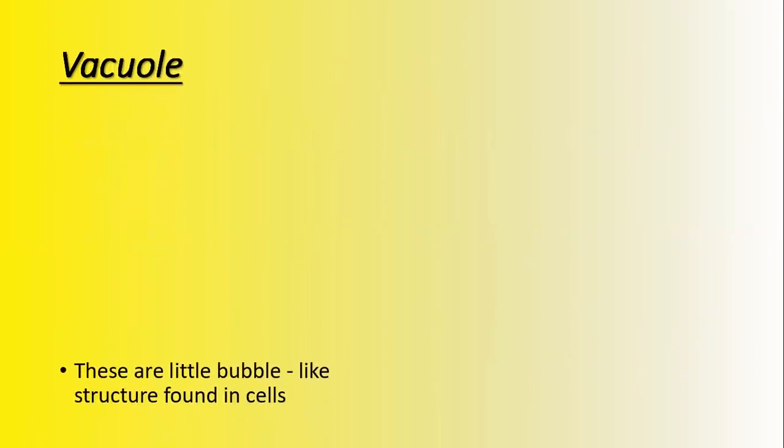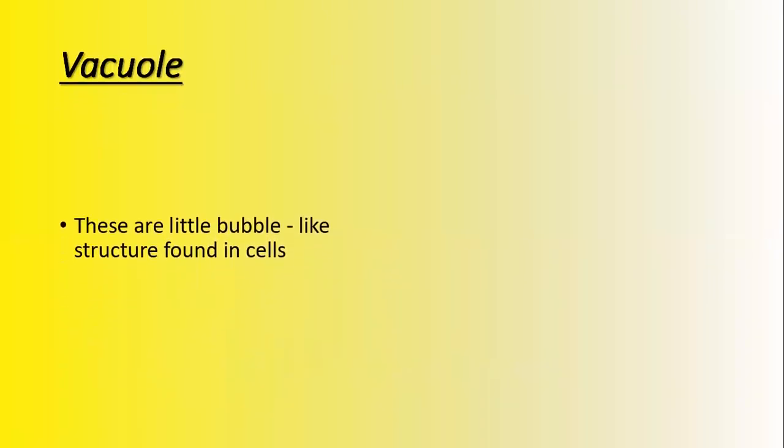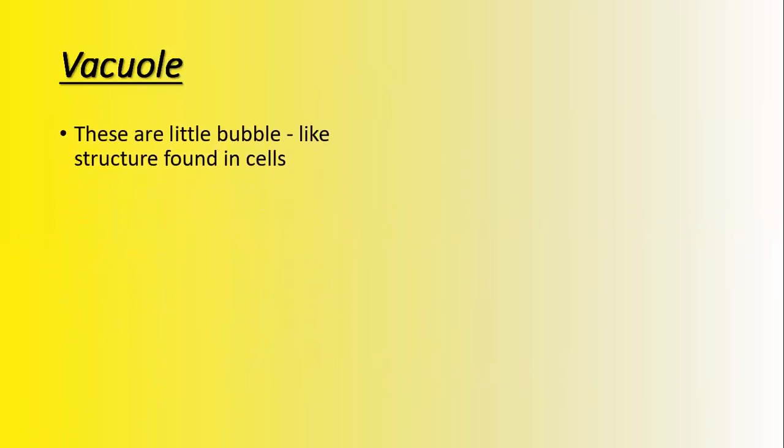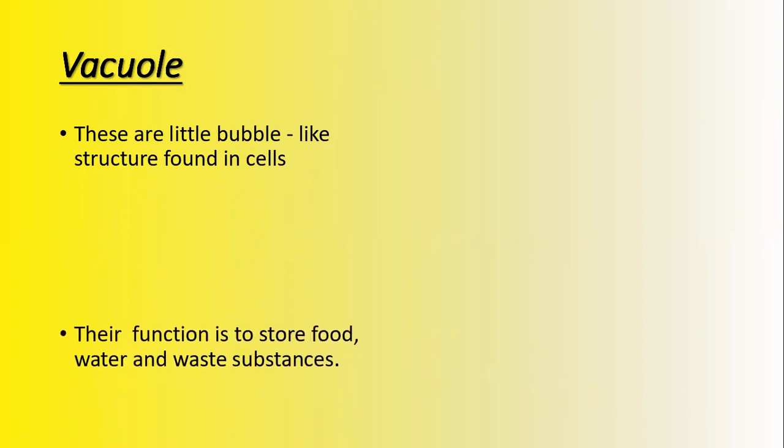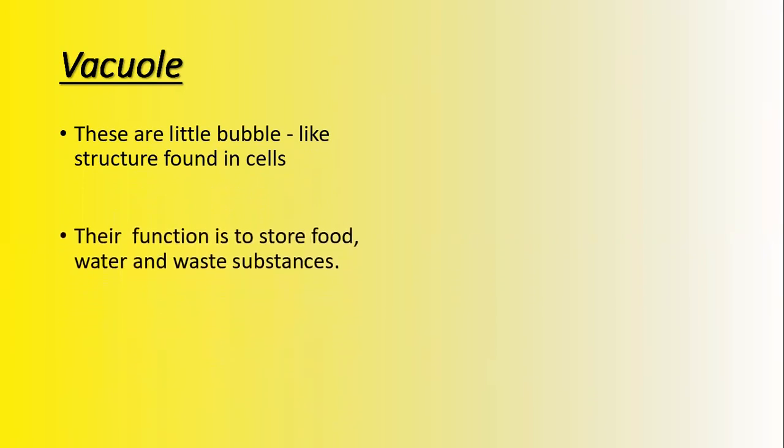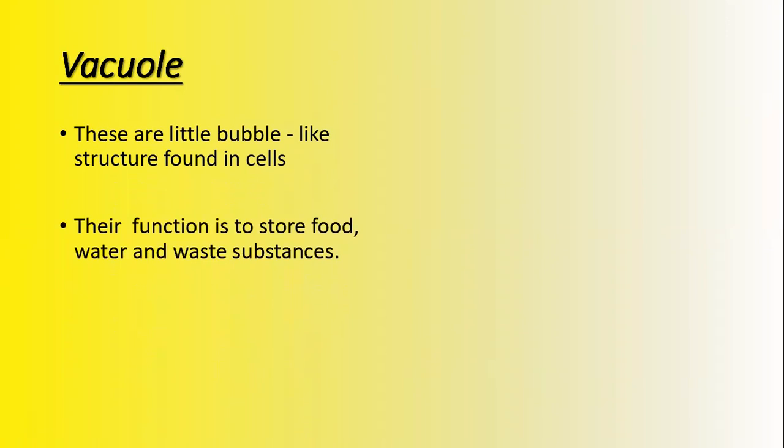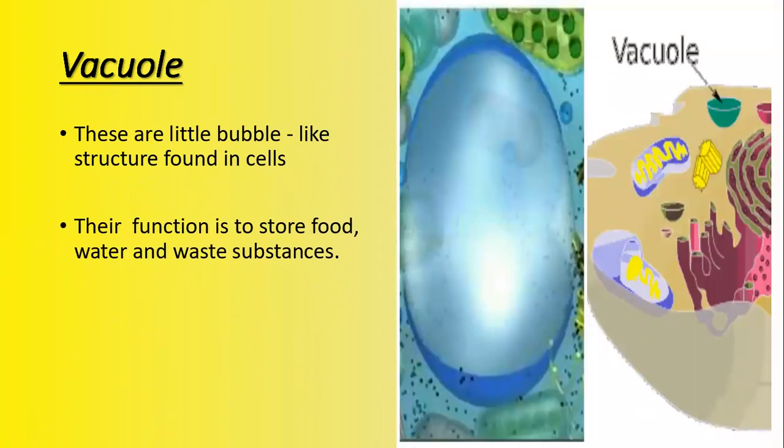Vacuole, in the shape of bubbles. They are little bubble-like structures found in cells. Their function is to store food, water, and waste substances. This is the shape of a vacuole, the bluish one.